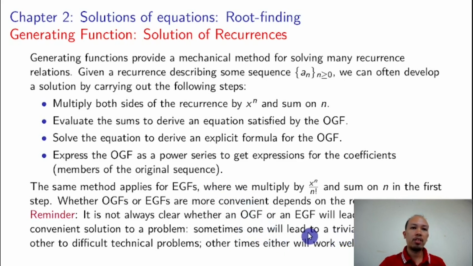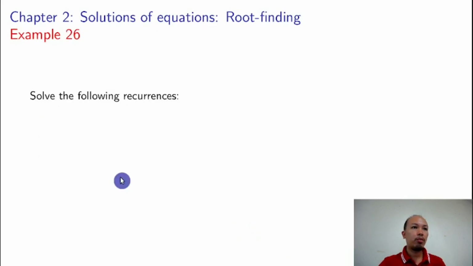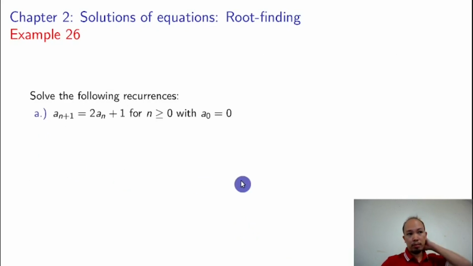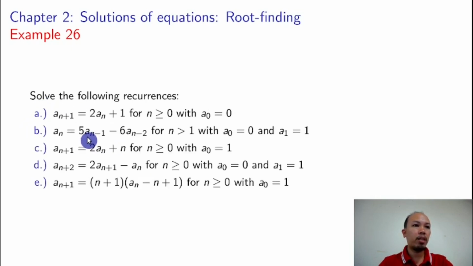On how to use OGF or EGF. So for now, let's apply the lecture on how to find the closed form of the given recurrence relation. There are 5 problems here.